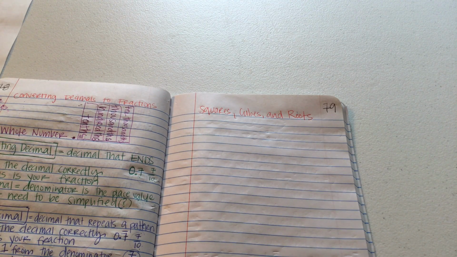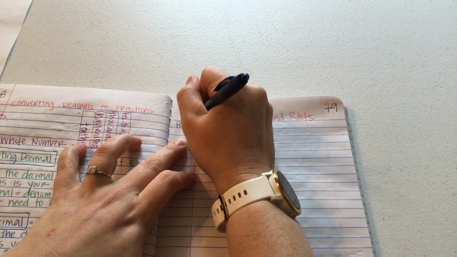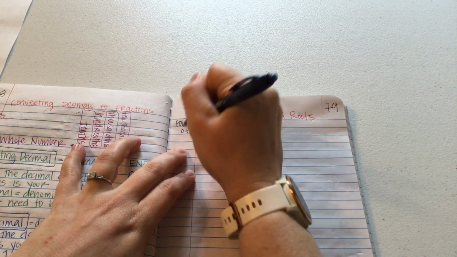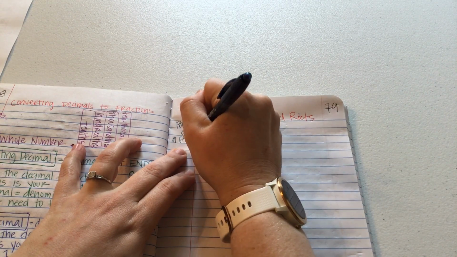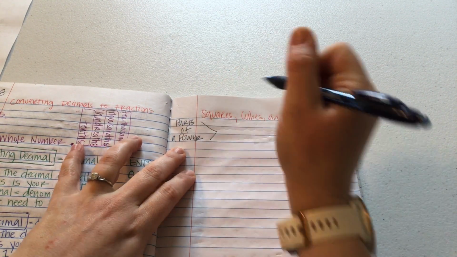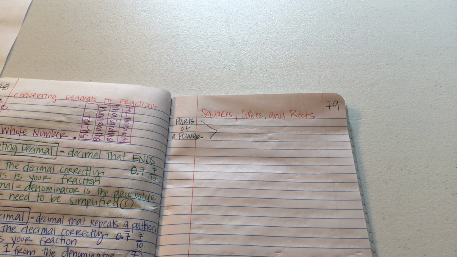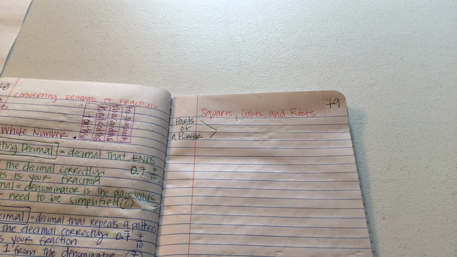So to begin, let's just do a quick review for parts of a power. So power and exponents sometimes kind of get used together to explain this idea. So a power is really the whole thing.